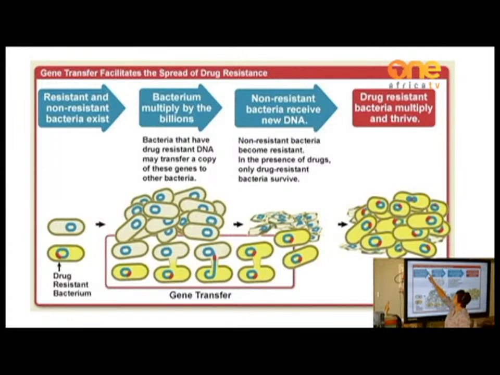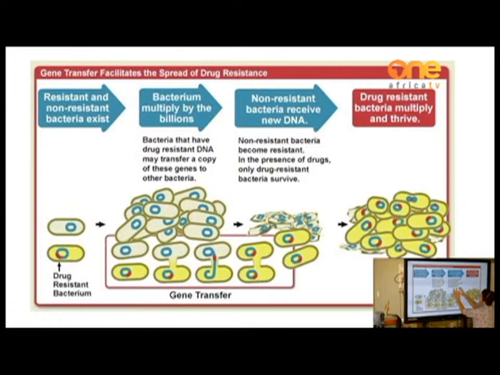Okay, so resistant and non-resistant bacteria exist. Bacteria multiply. Some of them are resistant because they did not die. They can still keep on growing, and they transfer even their gene.